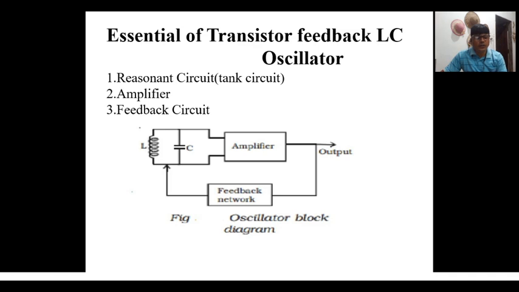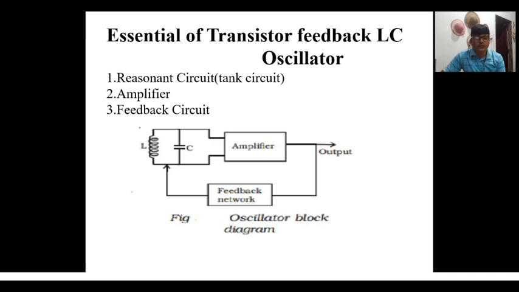If the damped oscillations in the tank circuit are applied to the base of the transistor, it will result in an amplified reproduction of the oscillations in the collector circuit. That means you apply the input to the base, and the output is observed across the collector. Because of this amplification, more energy is available in the collector circuit than in the base circuit.